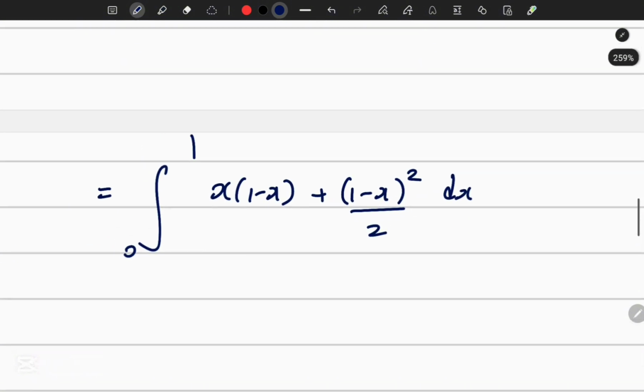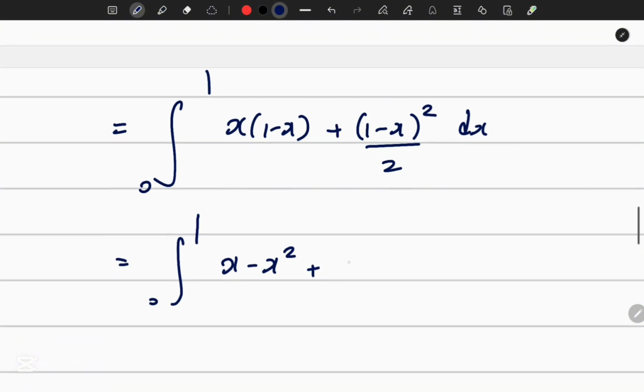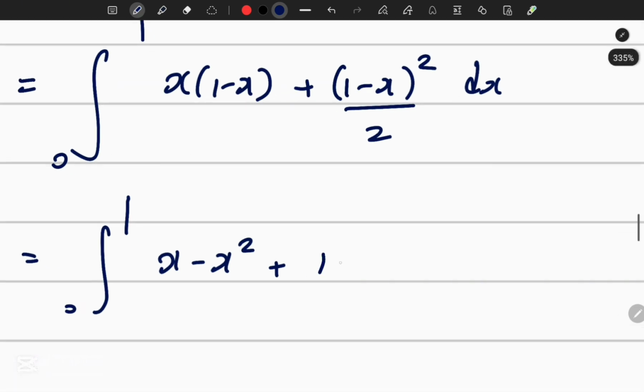Let's simplify this again. 0 to 1, x minus x squared plus 1 minus x squared over 2. Let's expand this: 1 minus 2x plus x squared, each over 2.